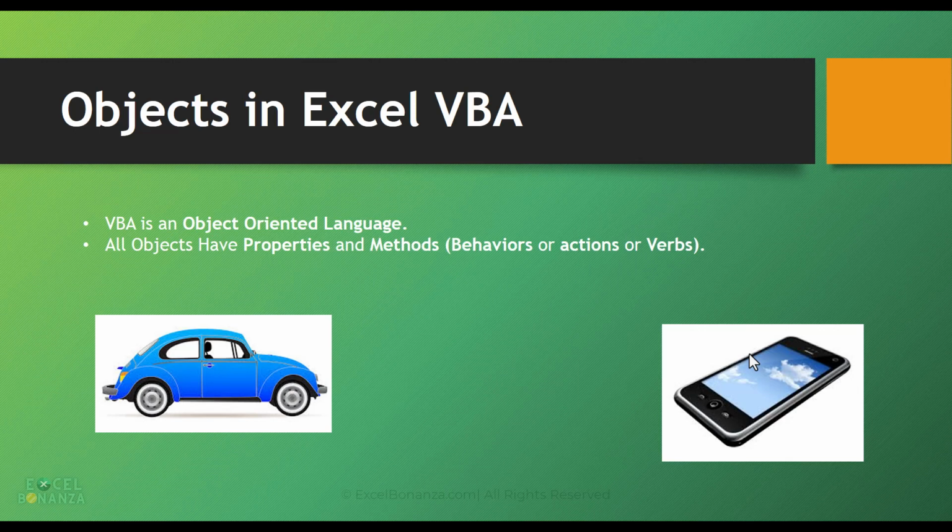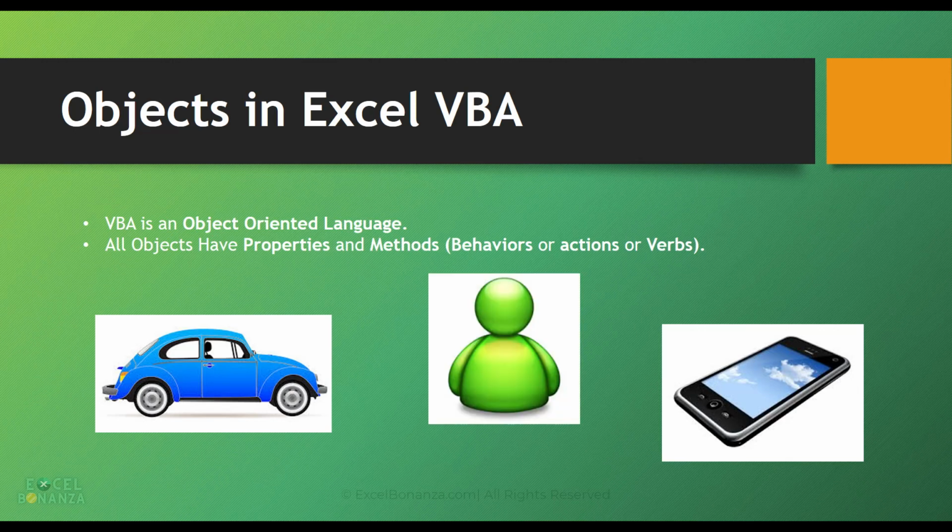All these are methods. If you think about yourself as an object, you have some properties and methods. So part of the properties are your height, your eye color, your skin color. All these are properties. Some of the methods that you can do: you can eat, you can sleep, you can walk, you can run. All these are methods if you think about yourself as an object.